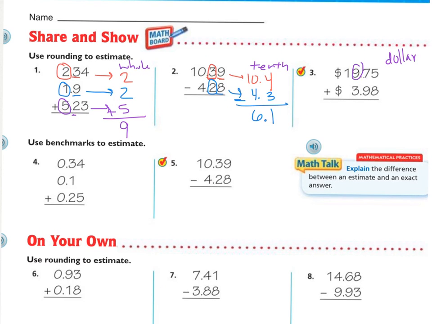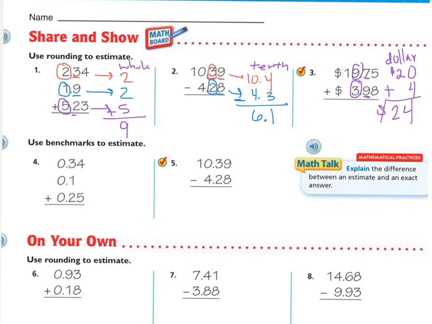So 19.75, the 7 tells us to round up, so that's going to $20. And then on the 3, the 9 tells us to go up to $4, and it is addition, so my estimate is $24, and make sure you have your dollar sign.